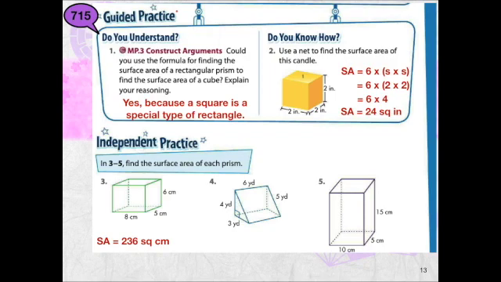The figure number 4 is a triangular prism. So the surface area is 84 square yards. Check your work. Number 5. Number 5 is a rectangular prism. So the surface area is 550 square centimeters. Check your work.